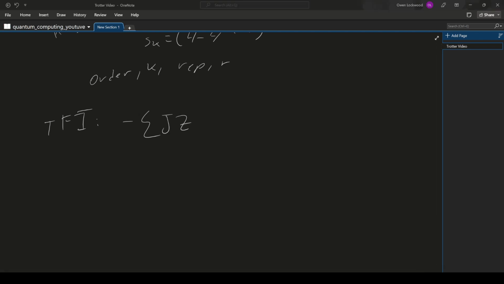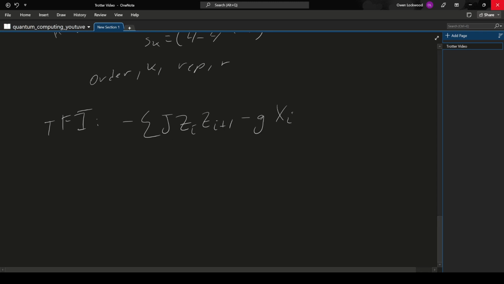So we have our Z_i Z_i plus 1, and then we have our minus g X_i. So there's a lot to talk about here in terms of Ising models, but I'm not super familiar with them, and they will probably be the topic of another video. But basically, these are, of course, the interacting terms. This is the background term.